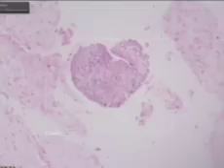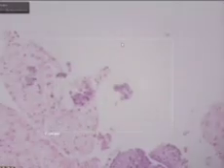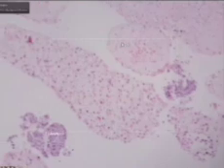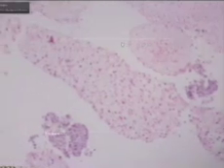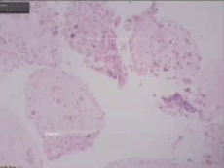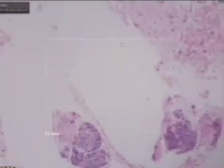I don't know. Have we talked about keratin pearls? Where the cells wrap around each other. So lots of keratin debris. Look at all that. And let me see if I can find a nice pearl. Oh, look at all those cells.